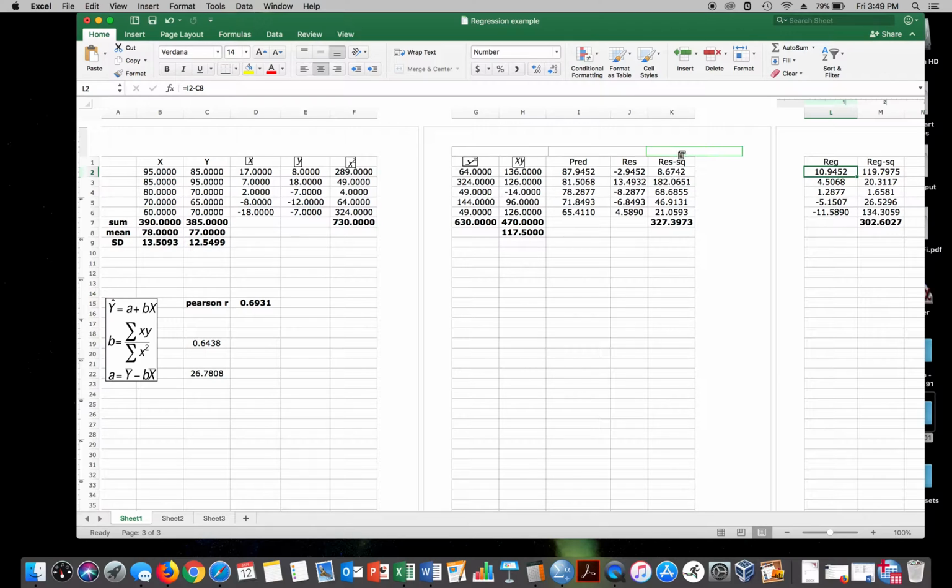So what we predicted minus the mean, 87.942 minus the mean, was 10.942, and so this is what we call our regression scores, and we can take these regression scores and square them, and we end up using these squared values to compute the F value.